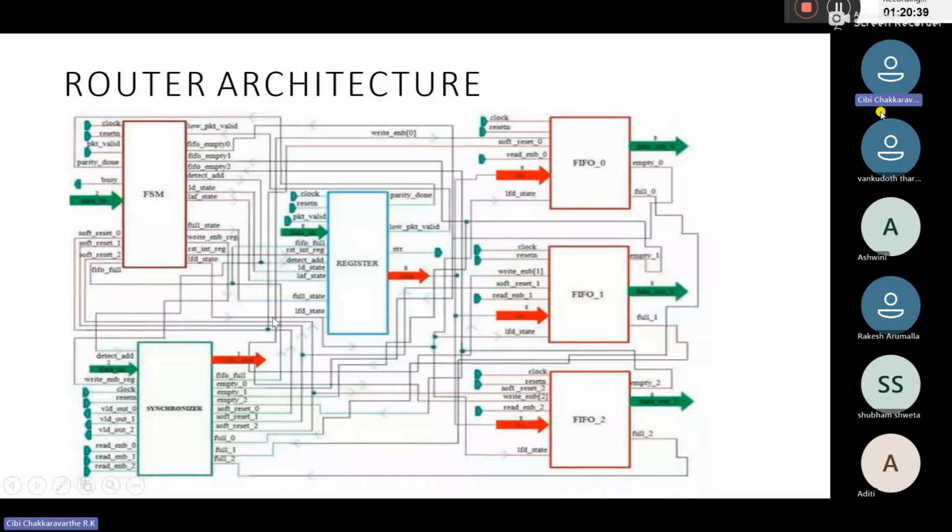It will make valid off, or wait for some time, until this FIFO 2, which we are considering in our case, has some space. Once it has some space, it will send the data, or if our process is done and all the packets are received properly, it will go to the decode address state once again.